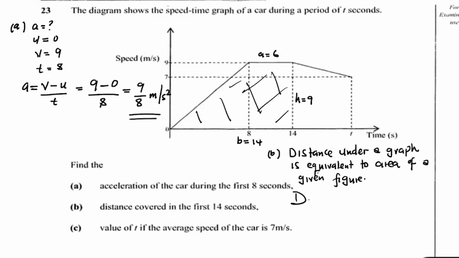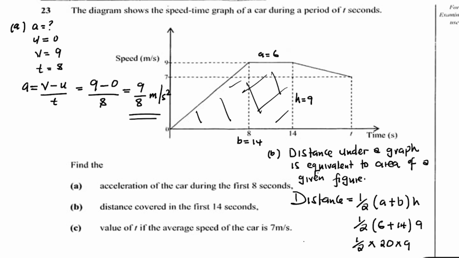So that basically tells us that distance here is going to be equal to half (A plus B), then multiplied by height, where we shall say half, our A is 6, our B is 14, then our height is 9. So that's going to be 1/2 multiplied by (6 plus 14), that is 20, multiplied by 9.